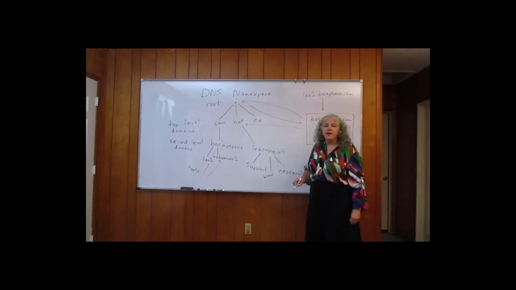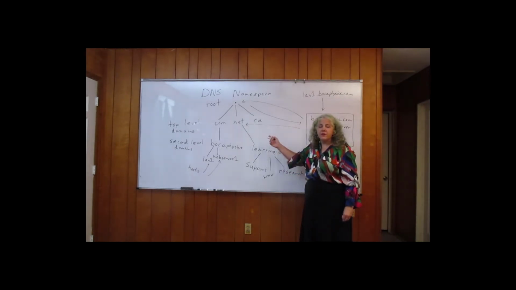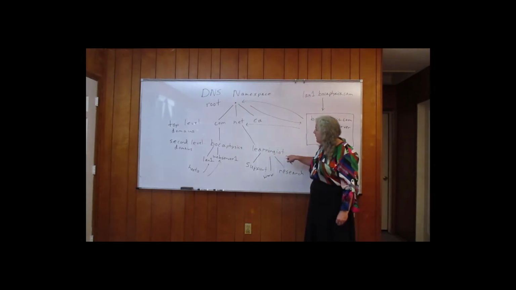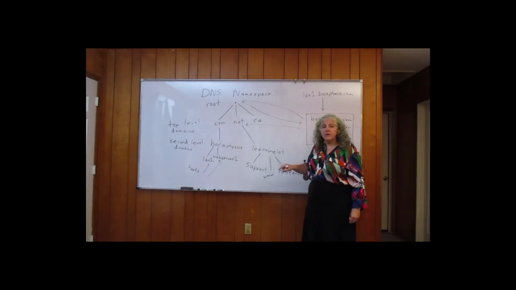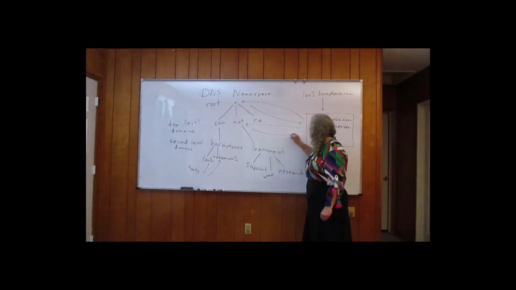Another query is run. It says, do you know www.learningiot.net? The net name server is not authoritative for learningiot.net, but it does know the IP address of a learningiot.net name server. It sends that IP address back.